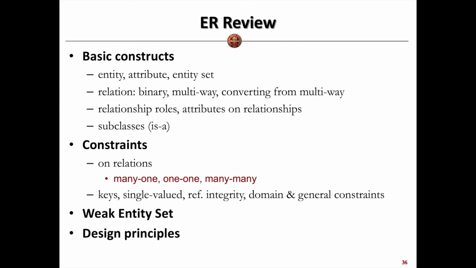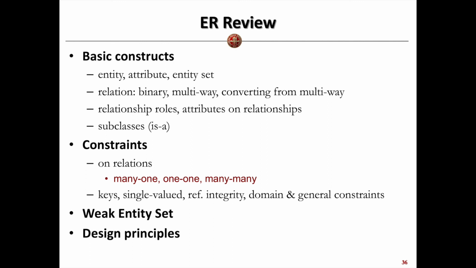Besides the basic structure, we also show some constraints on both relationships as well as entities. So on the relationship, we need to pay attention to the constraint like one-to-one, one-to-many, and many-to-many. We also mention some other constraints like keys on entities, and how to represent them in the ER model. We also talk about the referential integrity constraint and how we represent them, as well as some other constraints.